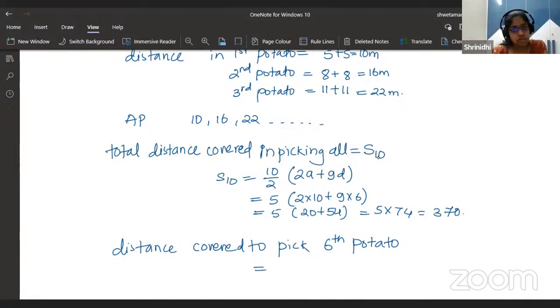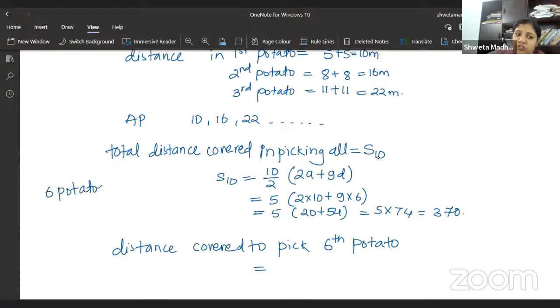Ma'am, 50 meters. They have not asked the total distance covered in picking 6 potatoes. 6 potatoes and sixth potato, here the word makes the difference. Clear? 40 meters.